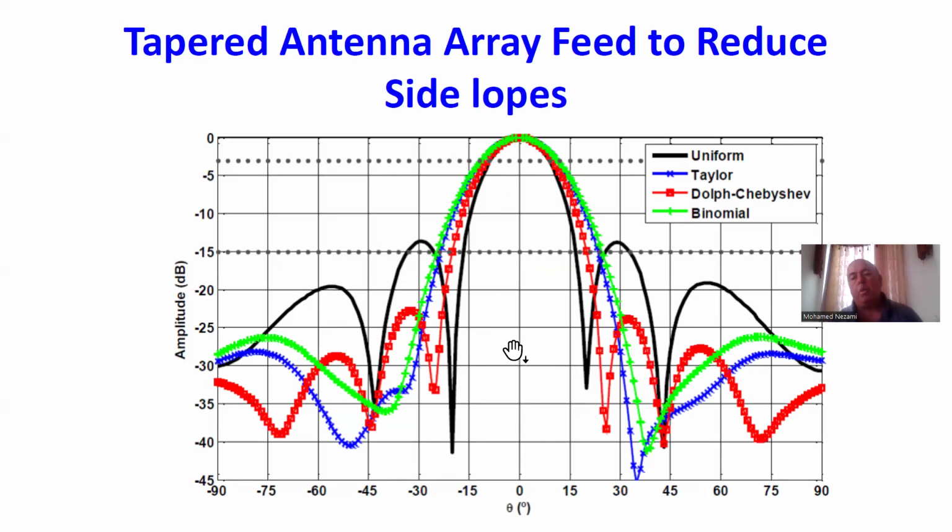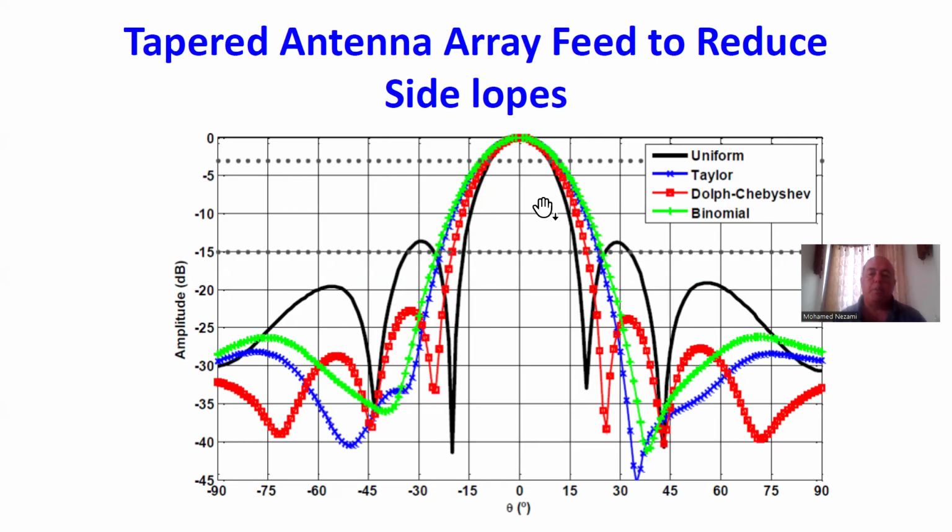And people came in and worked on this and said, wow, we can actually shape the amplitudes to each individual antenna using the feed network, using either a Taylor polynomial, Dolph-Chebyshev, or binomial. And that's what you see in here.